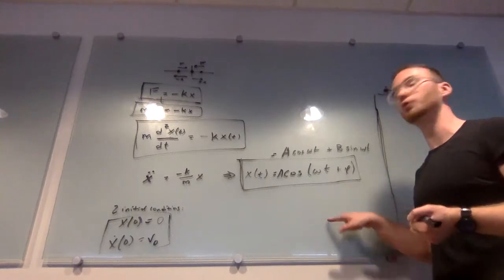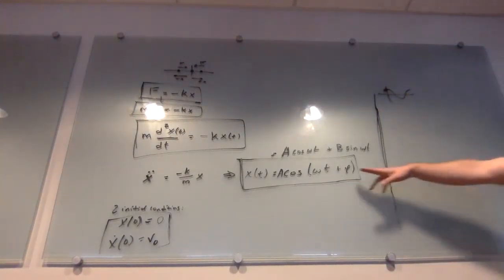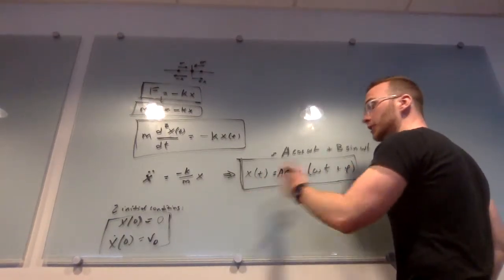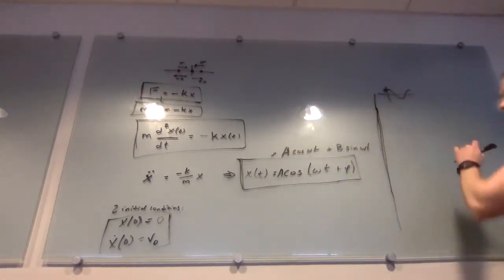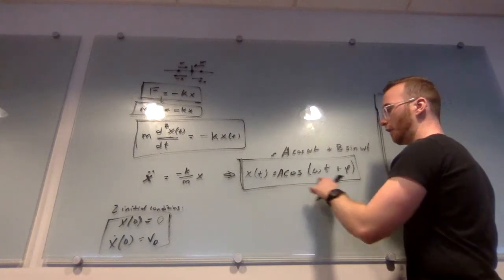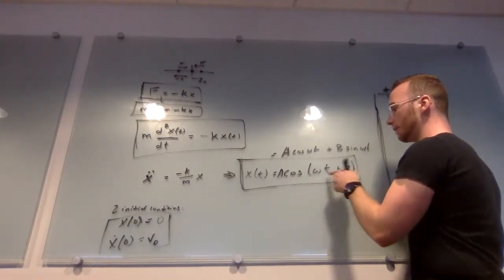I just want to give you more of a way to think about it. At a maximum position the velocity is 0, so set the phase to be 0, because it doesn't matter for this part.